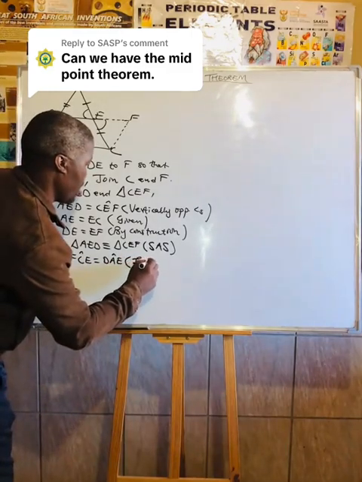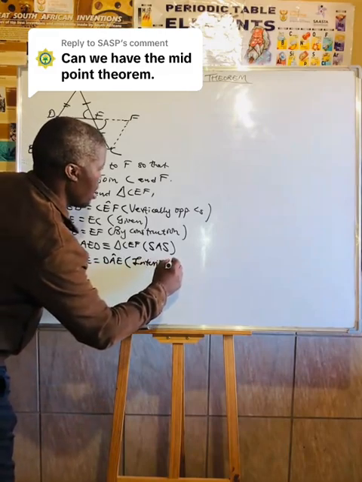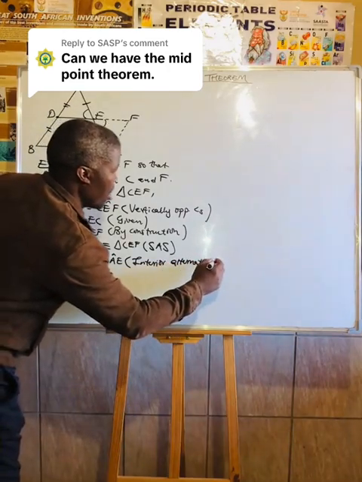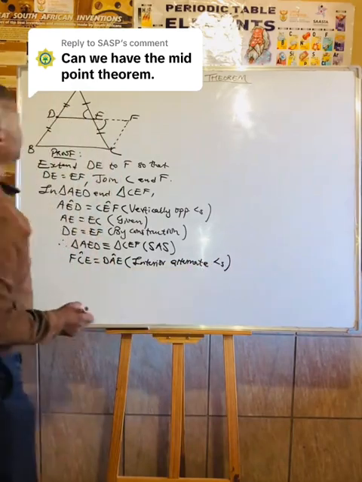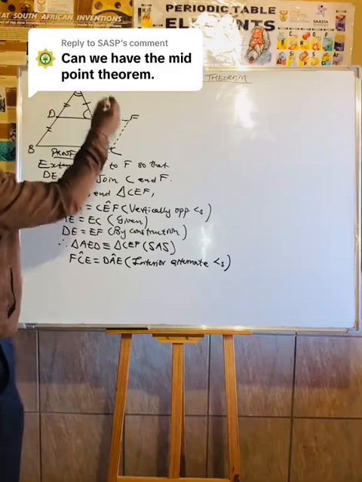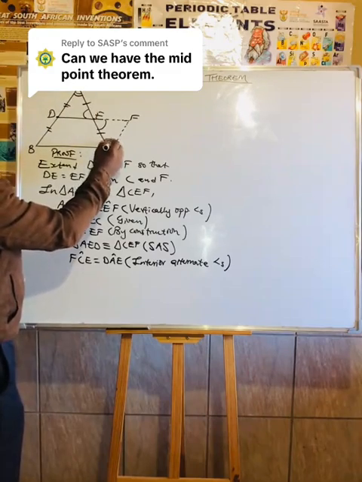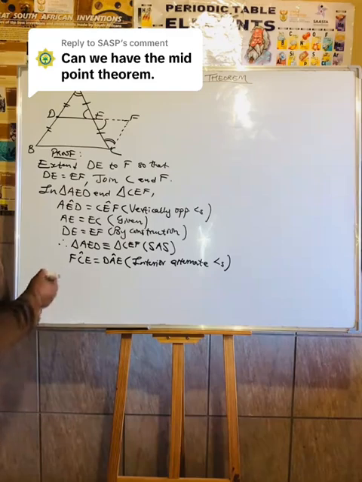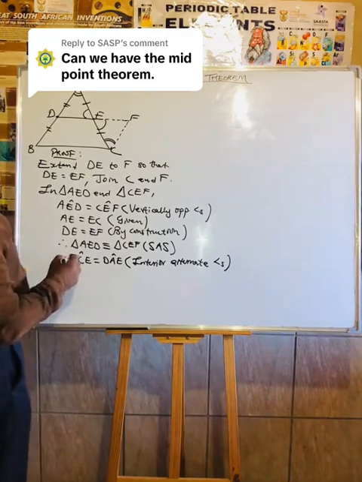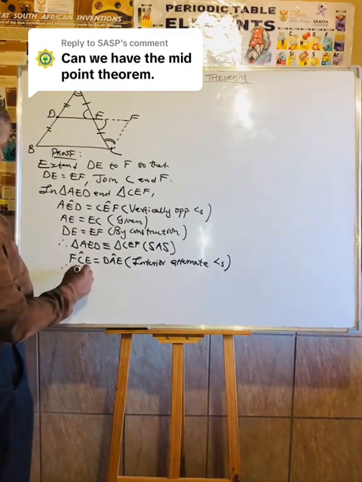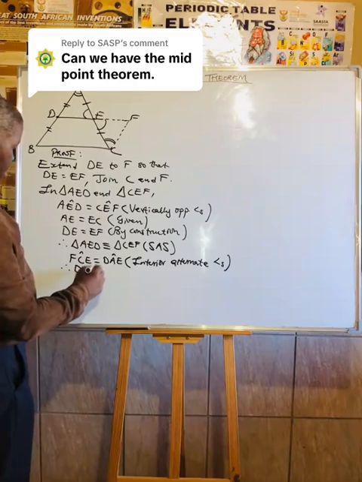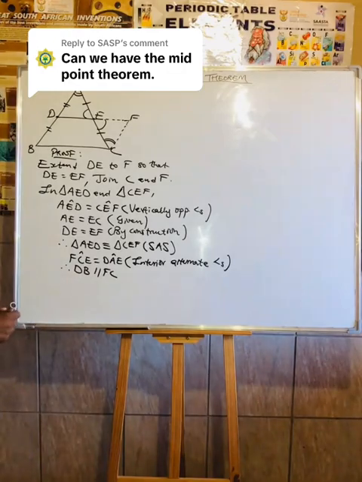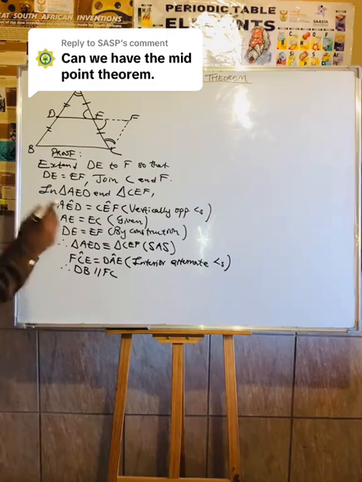These two are interior alternate angles, meaning that that angle over there and this one over here, they are equal. This simply tells us that DB is parallel to FC.